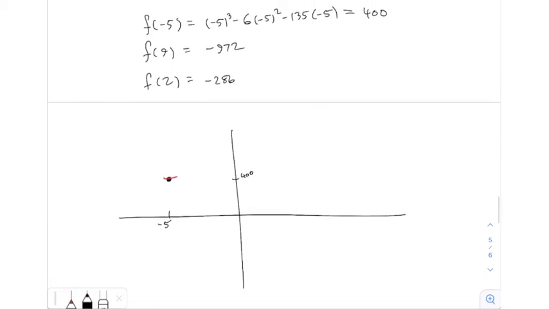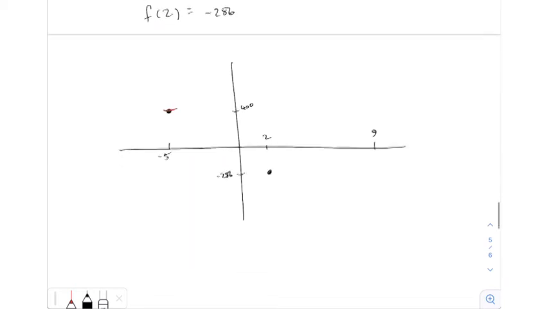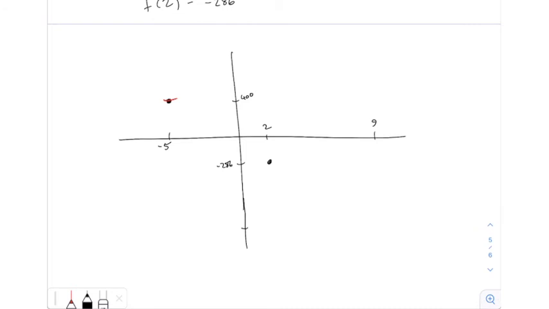Then I got 2 and -286. It's here. And then finally 9 and -972 is here. That's another critical number.